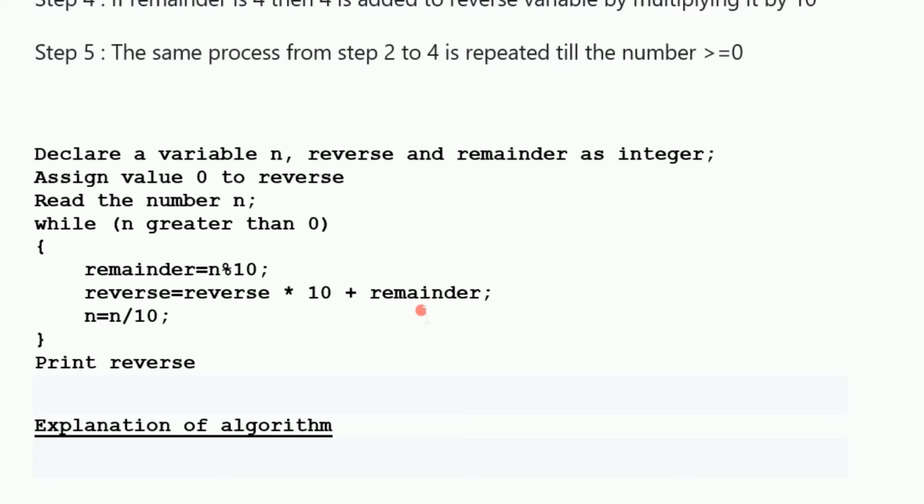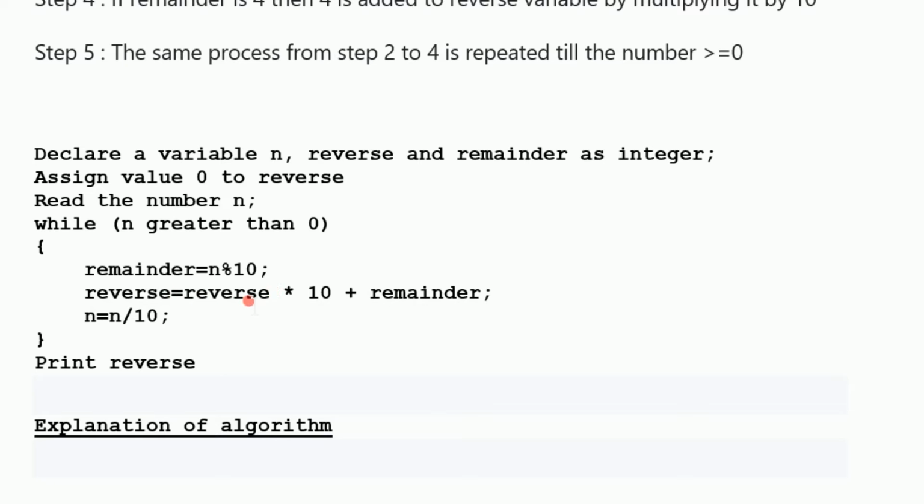We need that concept for the units place. So 4 is stored in reverse. Then n is equal to n by 10. So 1 2 3 4 divided by 10 gives 1 2 3.